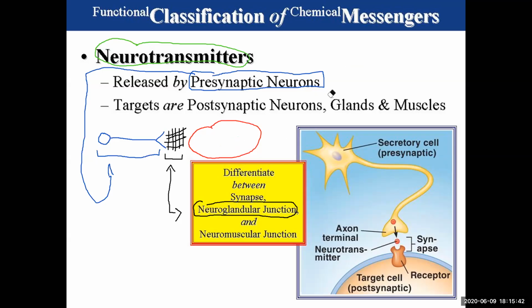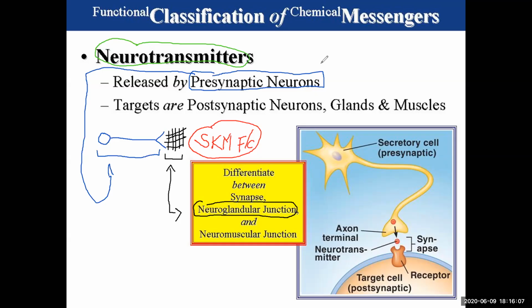But if instead of a gland you have, for example, a skeletal muscle fiber, right? So here, SKM, skeletal muscle fiber or skeletal muscle cell.